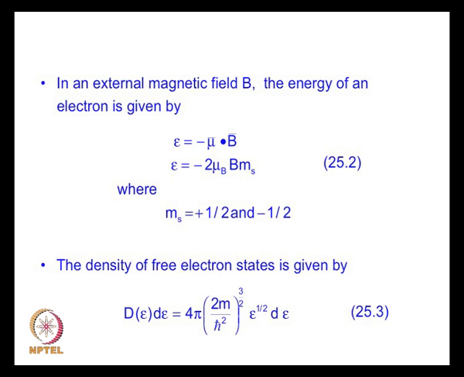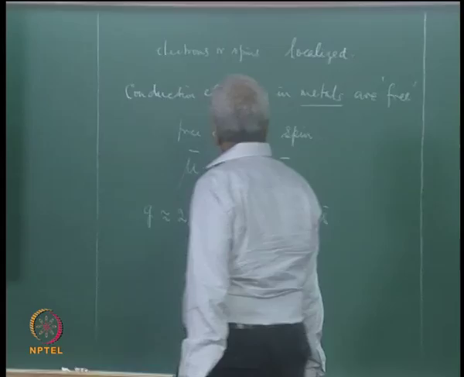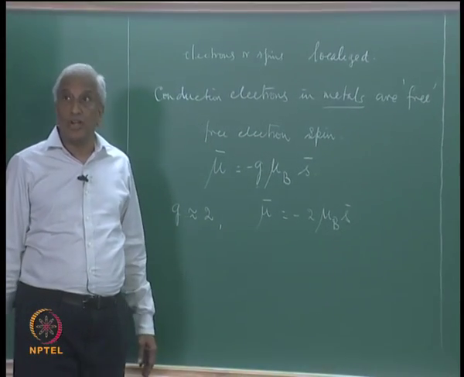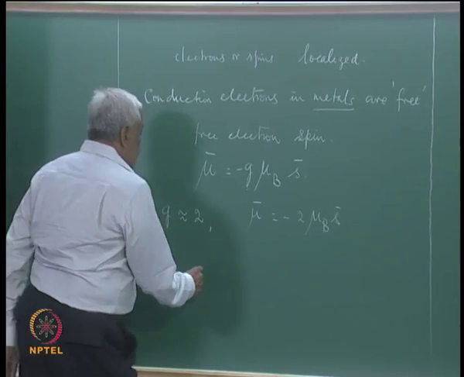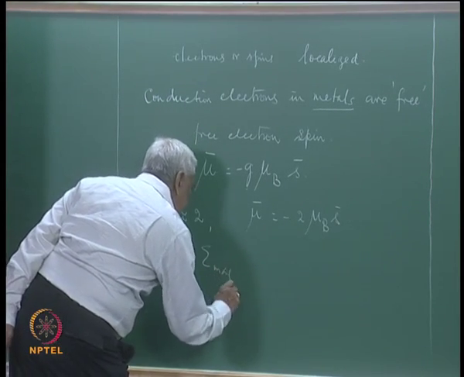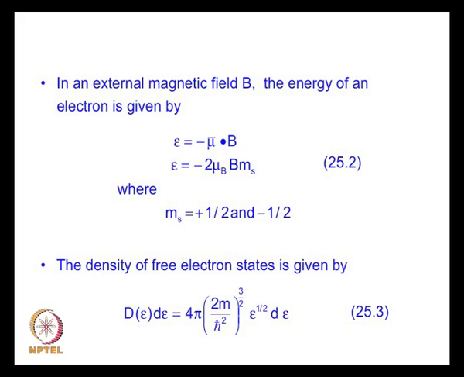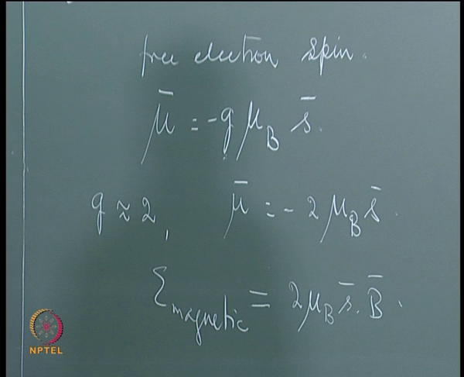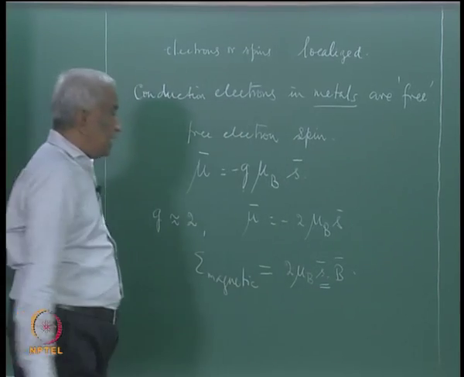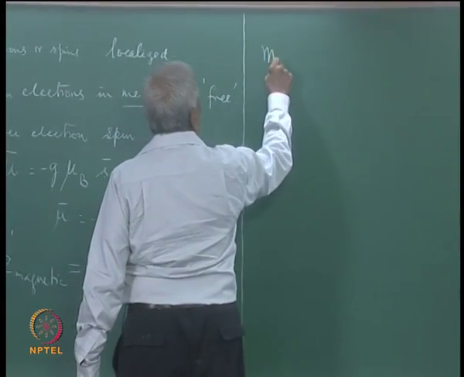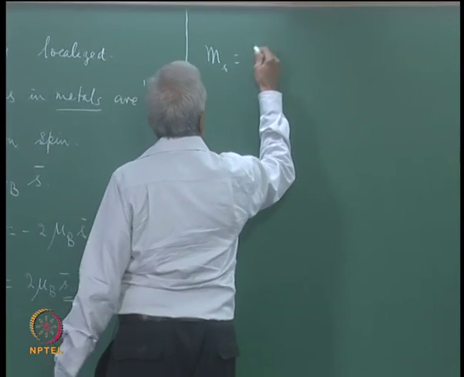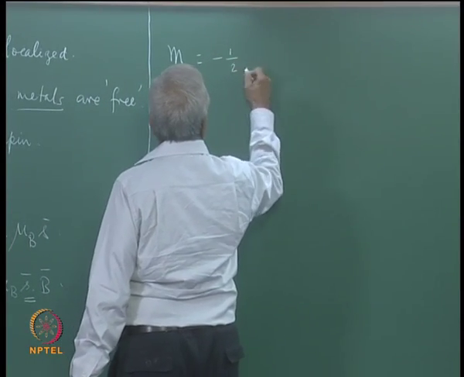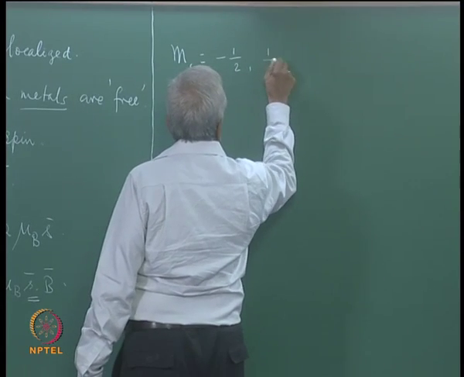So that is the magnetic moment of an individual free electron, which when we apply an external magnetic field acquires an energy, magnetic energy, which is this magnetic moment times B. And we know that in a magnetic field an electron has two orientations, parallel and anti-parallel to the field, which are given by the spin magnetic quantum number -half and +half.